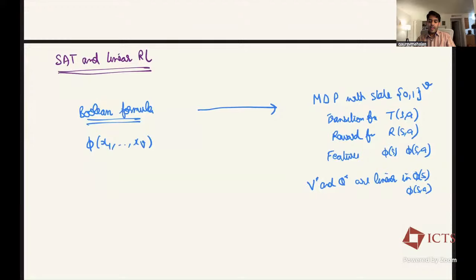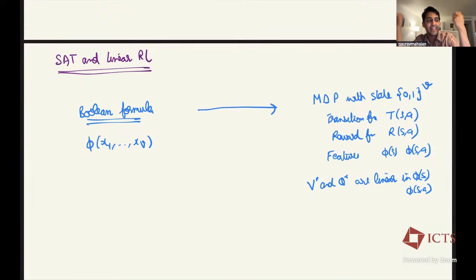Okay. And so the thing that I'm trying to do is turn an algorithm for linear RL into an algorithm for solving SAT. What it means is if I can design an efficient RL algorithm, then I can do this transformation, run my RL algorithm on it, and use that solution to solve SAT.